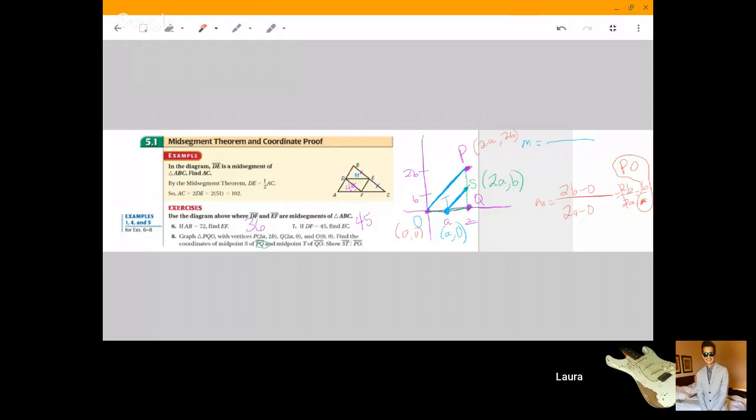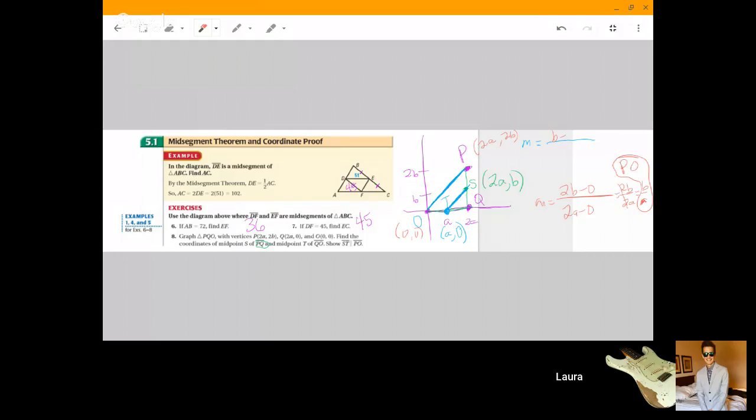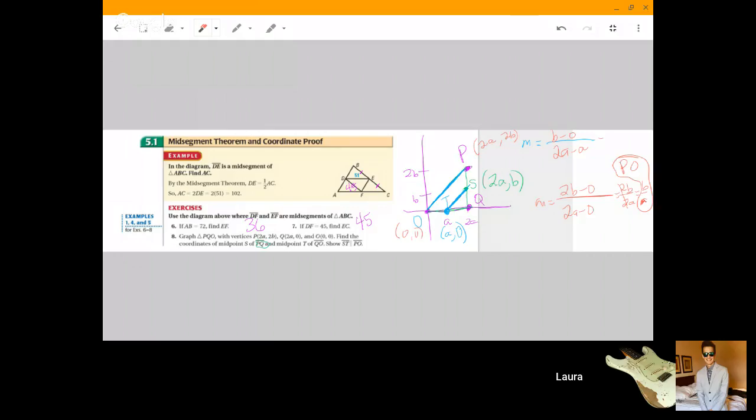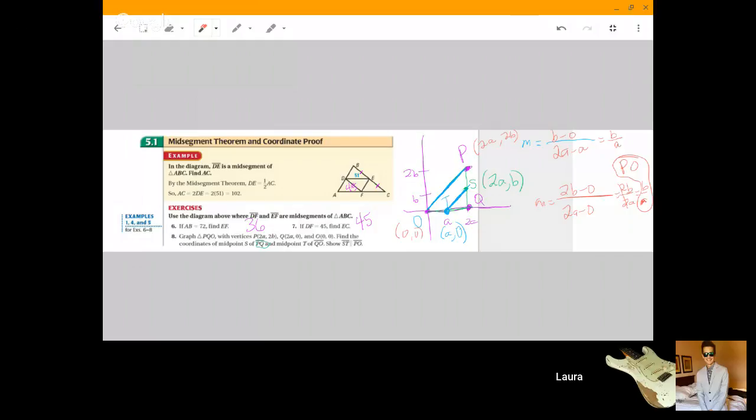What's the slope of ST? Let's do 2A minus... oh, no, my bad. 1B minus 0, all over 2A minus 1A, equals 1B over 1A, equals B over A. Mm-hmm.